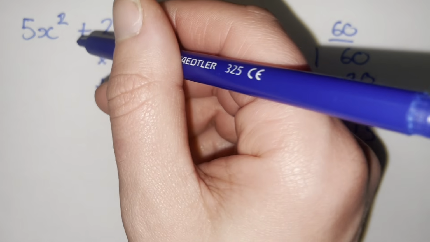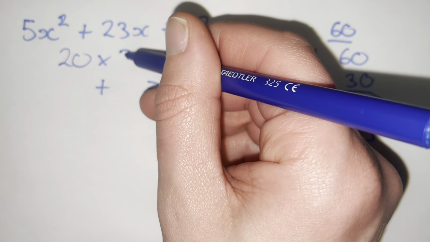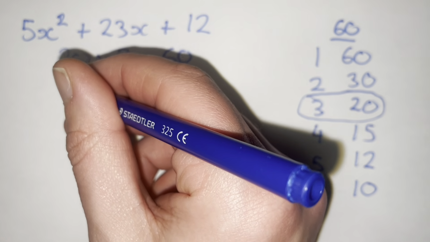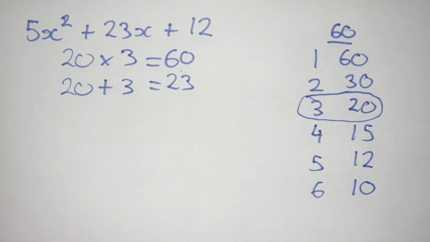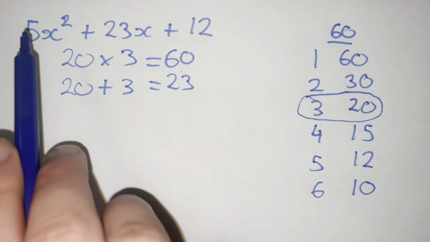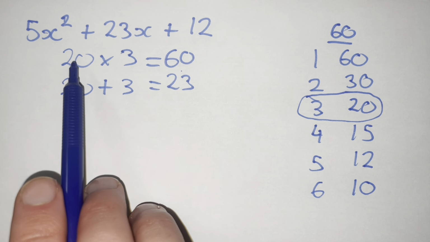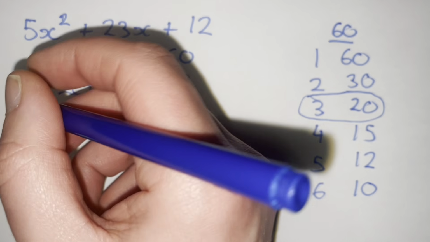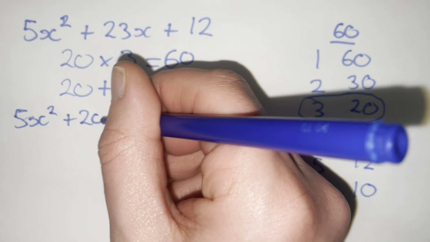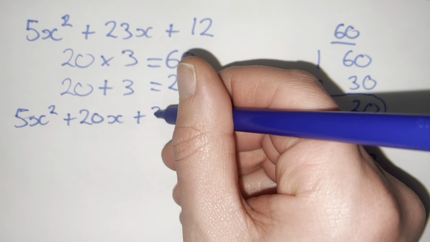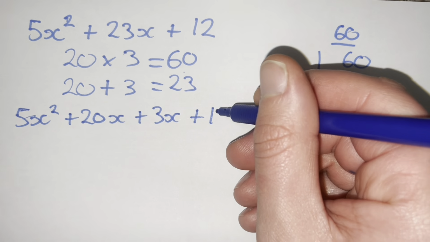So I can write this saying that 20 times 3 equals 60, and 20 add 3 equals 23. I'm then going to rewrite this original expression using 20x and 3x. So 5x squared plus 20x plus 3x plus 12.